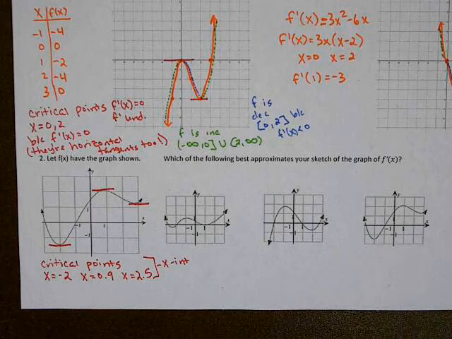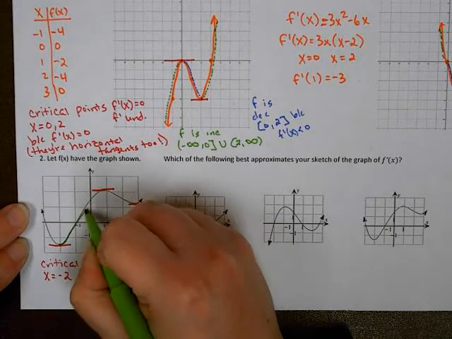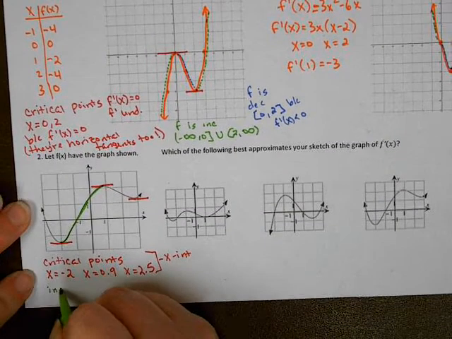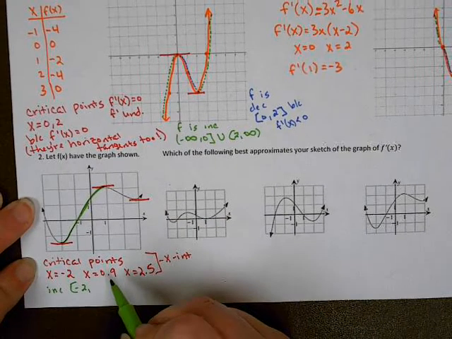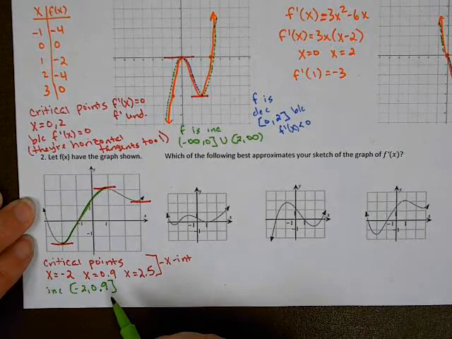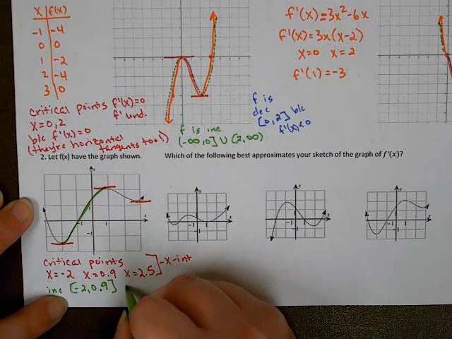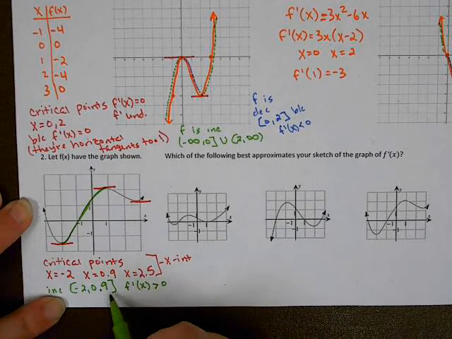All right. Then I'm also going to look at where my function is increasing and decreasing. Well, in my original function, it's increasing from negative 2 all the way to where we said was roughly 0.9. So what that means is we're going to be looking for f prime of x to be positive, so greater than 0, on this interval.